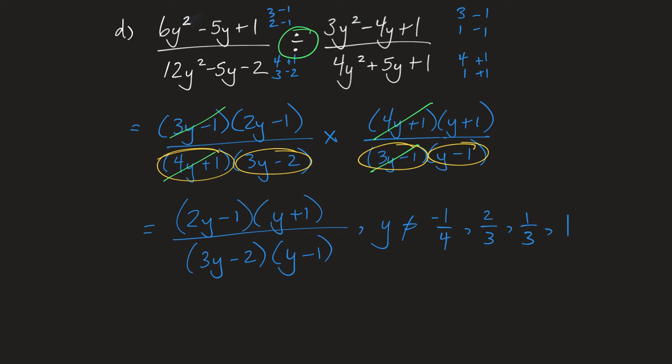Look back up to what that original expression was. It was a divide by. So that means that I also need to take into account the top, all parts of the second fraction. Okay, all parts of the divisor. So I'm fortunate, 4y plus 1, I've already taken into account that restriction.